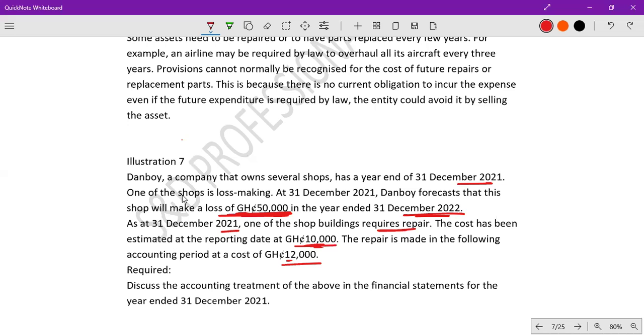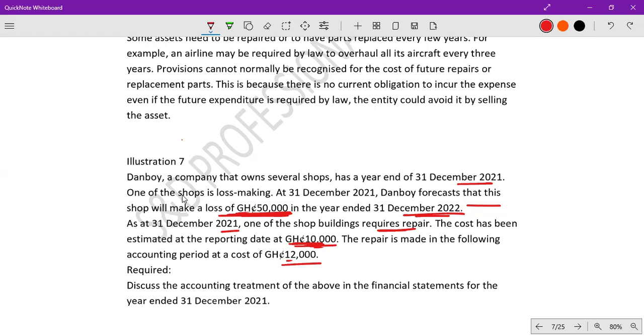So this 50,000 cannot be recognized as a provision, and likewise the 10,000, and the amount that is incurred as painting or repairs should be recognized in the year in which it has been incurred. That's all. You can't make provision for future cost. That is the meaning of it.